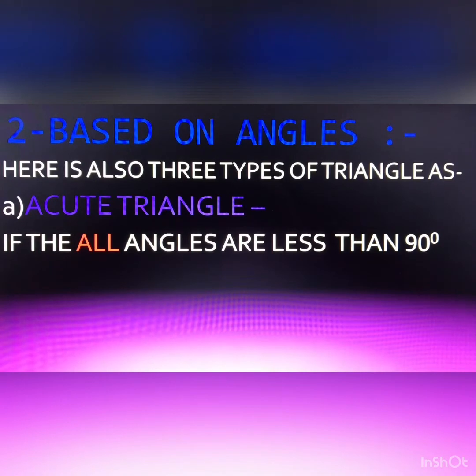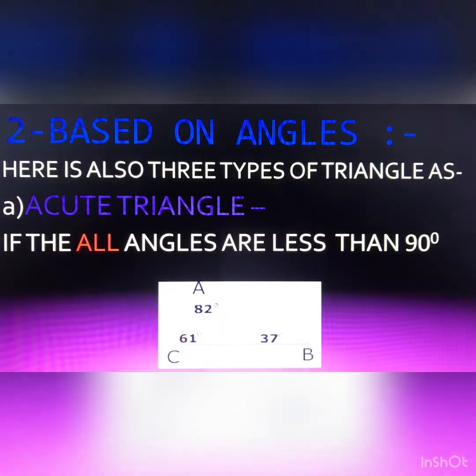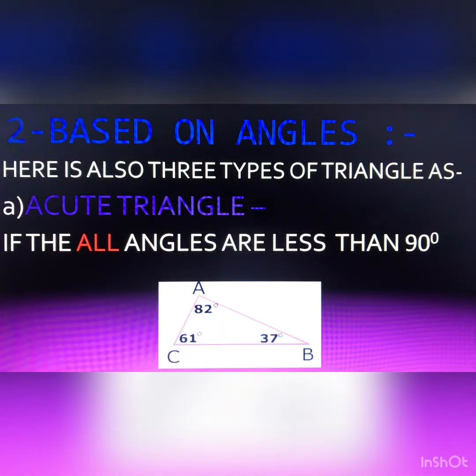If all the angles are less than 90 degrees, then those triangles are known as acute angle triangles. So this is an example of an acute angle triangle. You can see that every angle of this triangle is less than 90 degrees. So this type of triangle is known as an acute angle triangle.